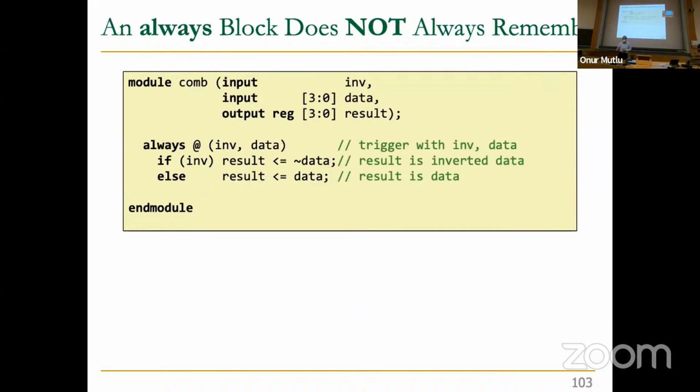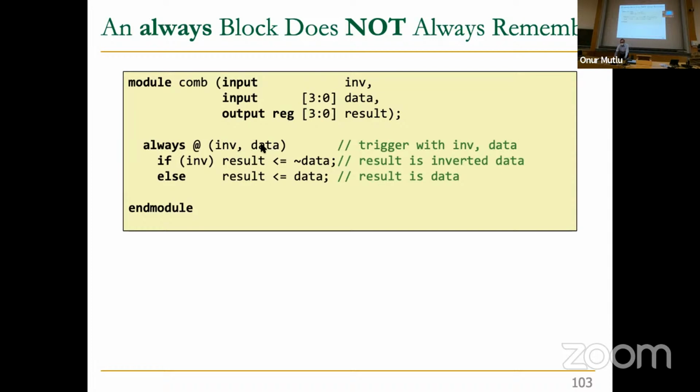But you can also write always blocks that are combinational, as I said. And if you look at this, it is purely combinational. There's no remembrance. What does that mean? Basically, you always specify a state change in this particular case whenever an input changes. Okay, that's the idea. So result is declared as a reg, as you can see.